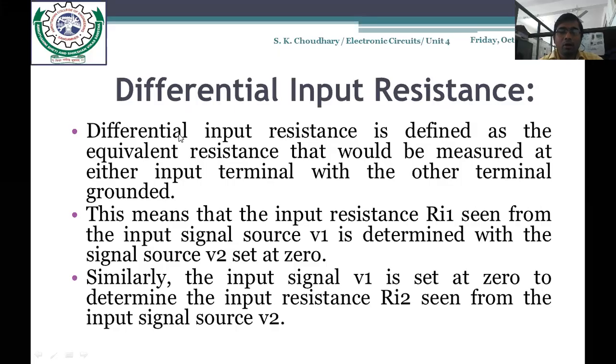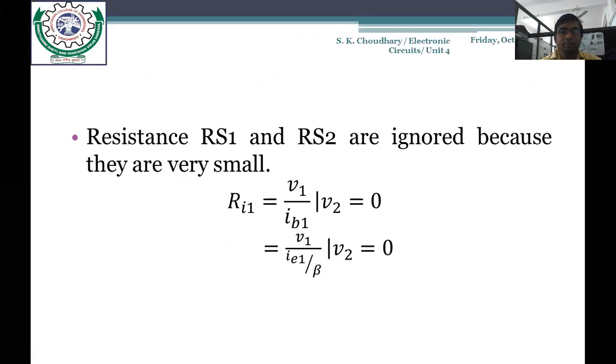Similarly, to find RI2, you make input signal V1 zero and connect the signal source to V2. In this way, we can find the input resistances of both ends of the differential amplifier.